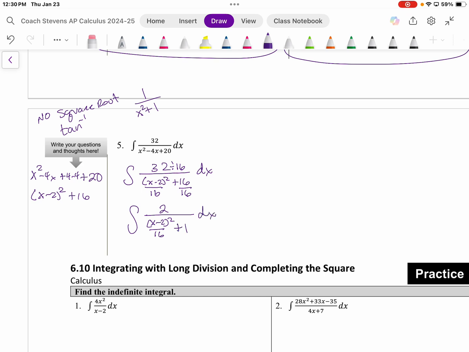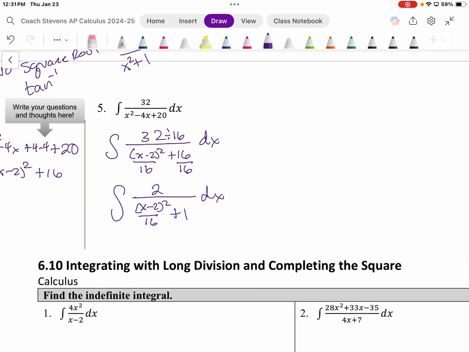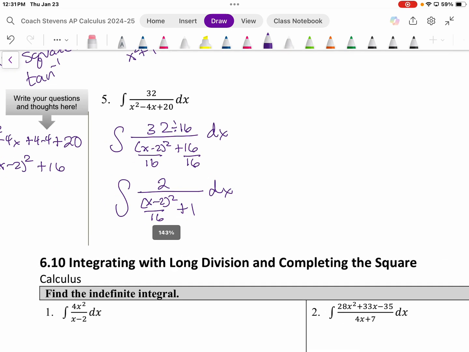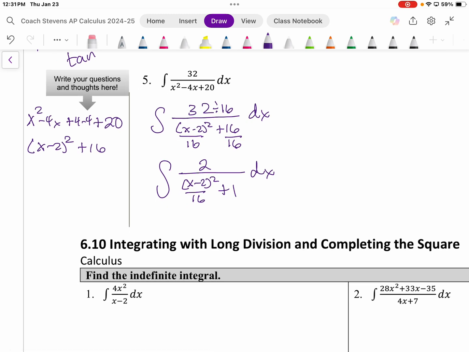So I'm getting closer. Now, let's rewrite the x minus 2 quantity squared over 16. Can't we say that x minus 2 quantity squared over 16 is equal to x minus 2 quantity squared over 4 squared?